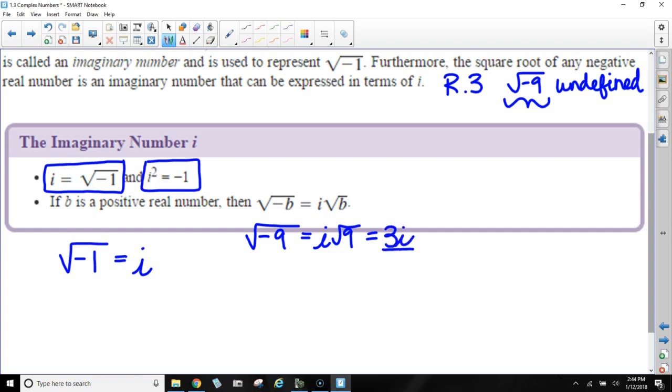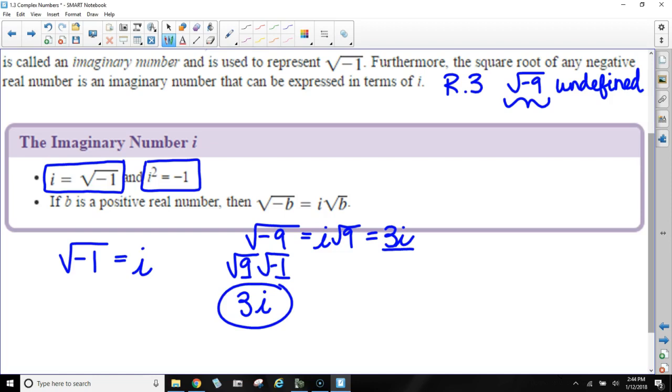Now what I like to do is use my product rule for radicals and break this apart. The square root of negative 9 is the same thing as the square root of 9 times the square root of negative 1, when those radicands multiply together to give you negative 9. The square root of 9 is 3. And we know we have the square root of negative 1, which the symbol for that is i. That's another way to get that.